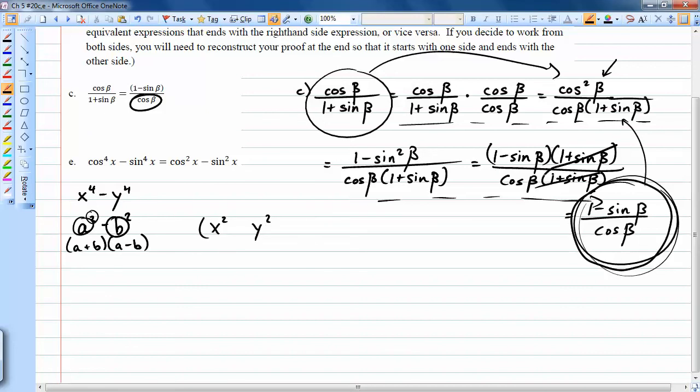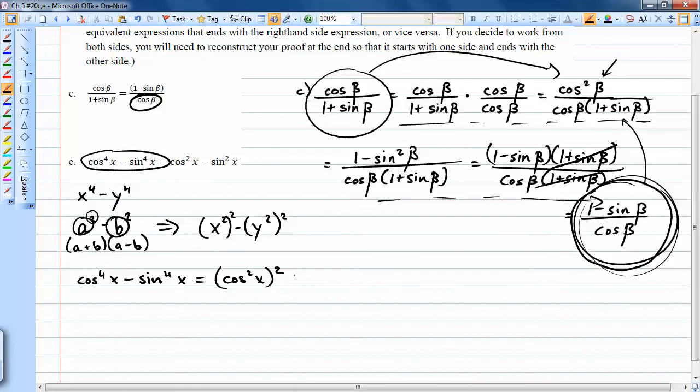So it's the same thing as saying x squared squared minus y squared squared. Instead of x, it's cosine, and instead of y, it's sine. So I'm going to write that out. That's the same thing as cosine squared x squared minus sine squared x squared.